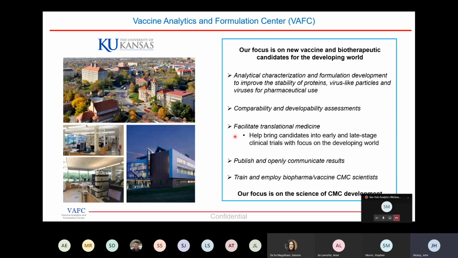I'll get into some of these points later, but also as an academic lab, we try to publish our work and present our work as much as possible and train and employ the next generation of biopharma and vaccine scientists.